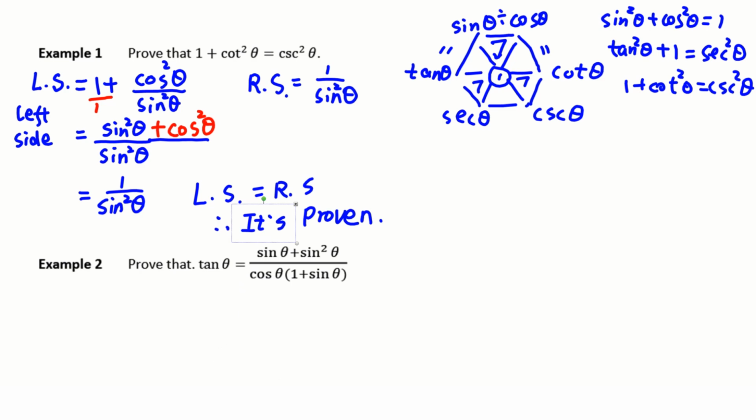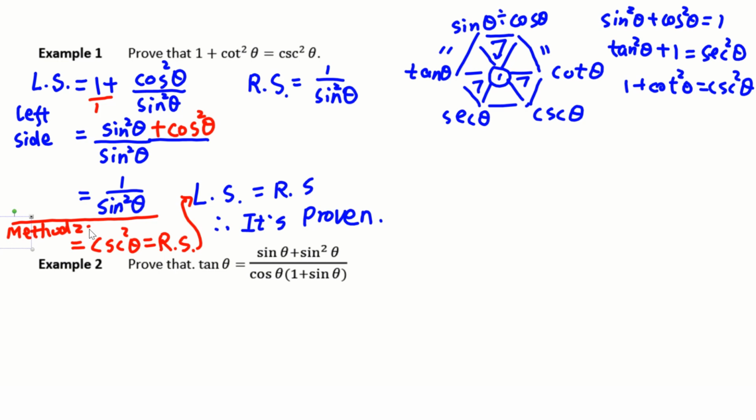And also another way, you don't have to rewrite the right side. You could just convert this one. So this is a second way you can prove it: from here we continue, 1 over sine is cosecant. Then equals right side. Left side equals right side is proven. So it's just the second method you could write.